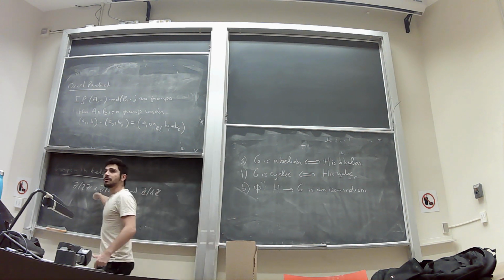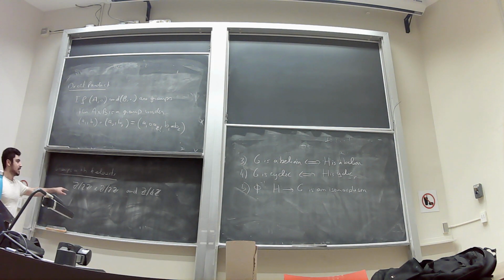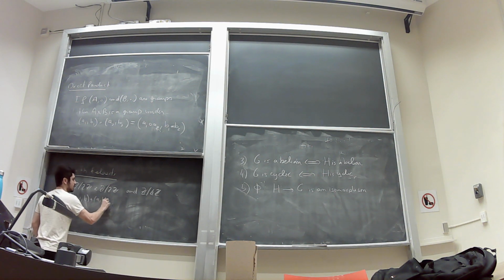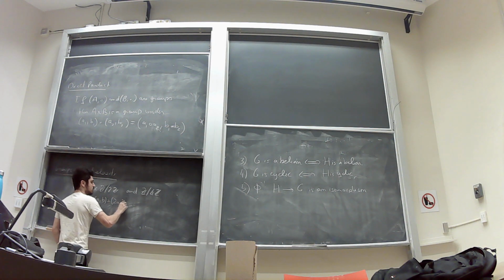Here, what is the largest order you can have? It's 2, right? If you add any element twice, you will get 0. Take (a, b) plus (a, b). You get 2a and 2b, so you get 0 mod 2 and 0 mod 2.